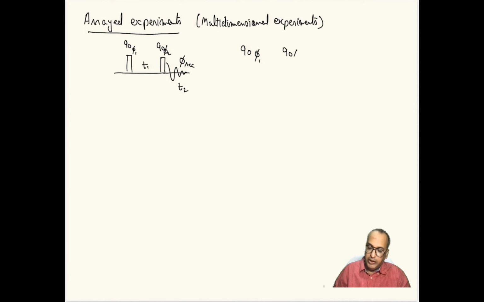Similarly 90 phi 2 indicates again a flip angle of 90 degrees with phi 2 phasing, and phi receiver is the receiver phase, right? Whatever phase is accumulated throughout the pulse program is then adjusted with phi receiver, so that the wanted signals are added up and unwanted signals are cancelled, rejected, right?